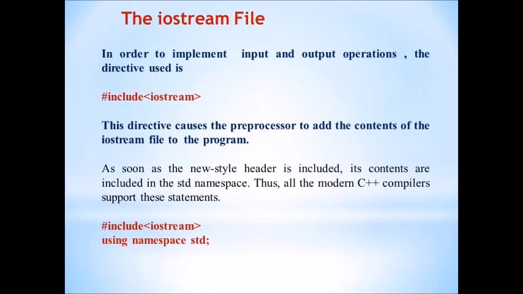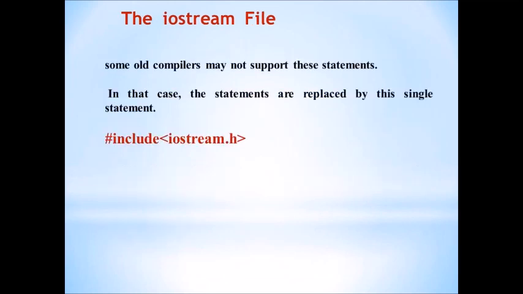Finally, modern C++ compilers use the two statements #include iostream and using namespace std. In that namespace, all the C++ standard libraries are defined. There is the case that some old compilers may not support these two statements. In that particular case, you have to write #include iostream.h.